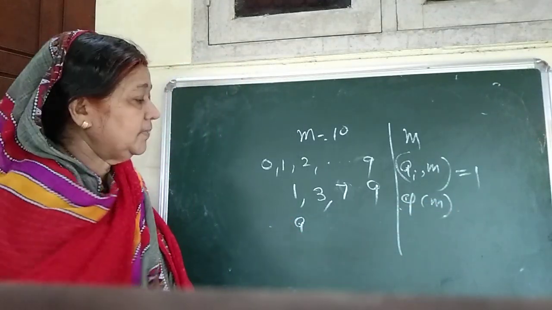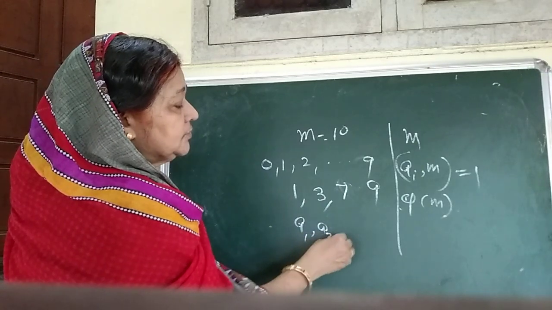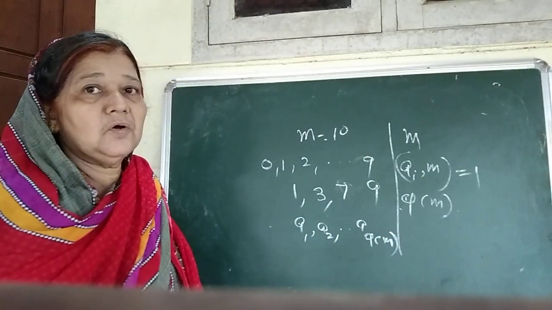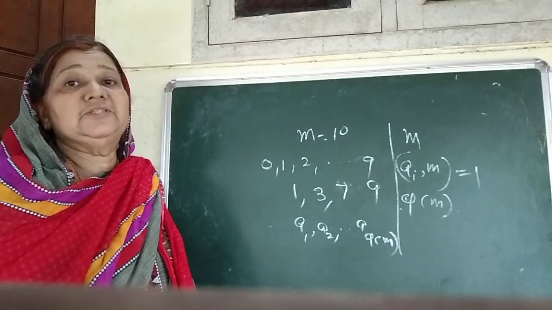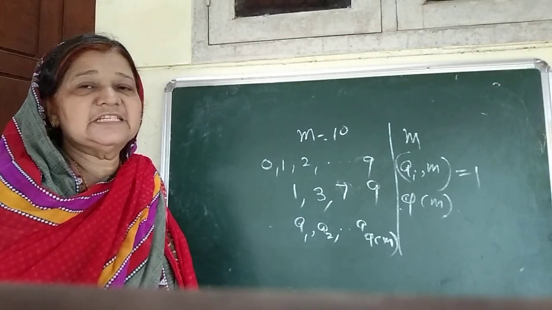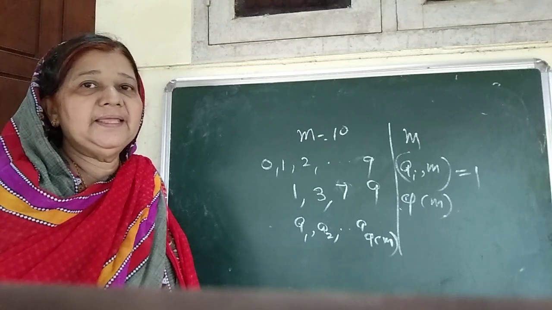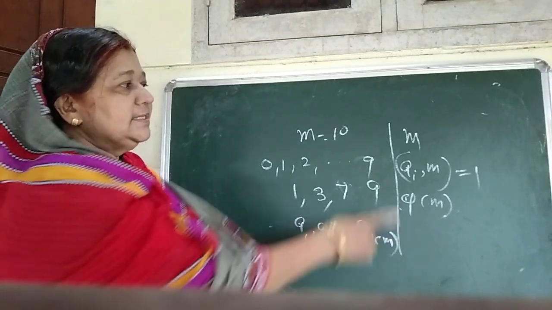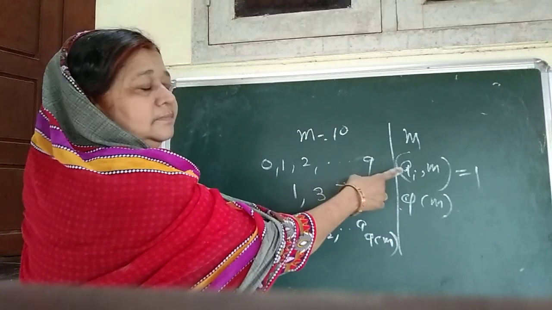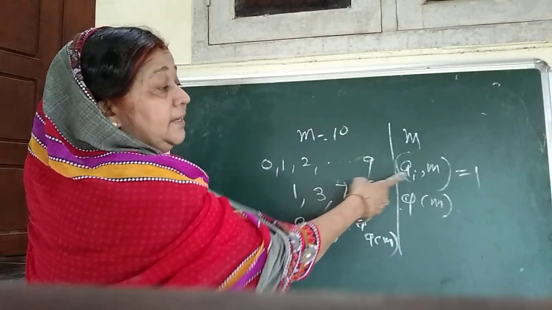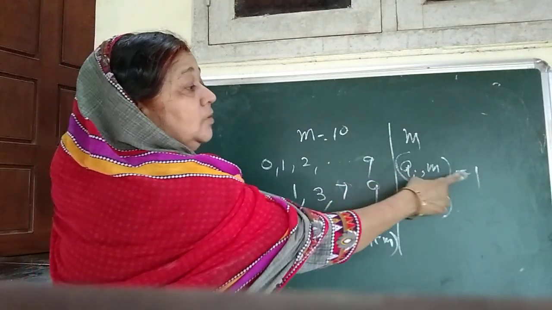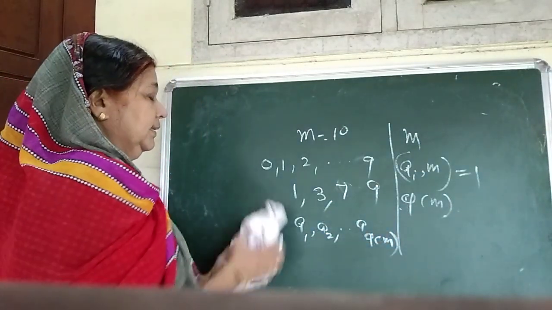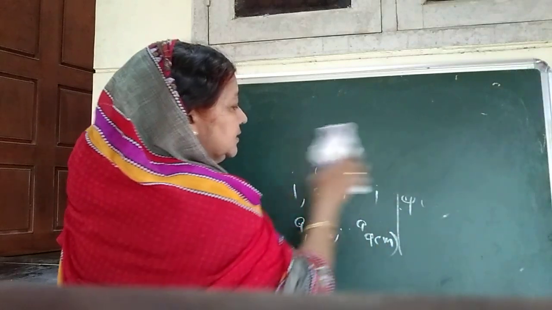So, these numbers a1, a2, etc., a of phi(m) are called a reduced residue system, where phi(m) is the number of numbers less than m and prime to it. Then we come on to Euler's theorem.